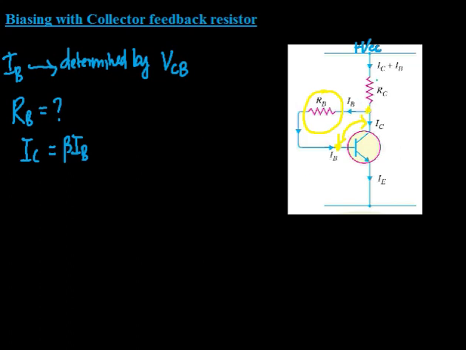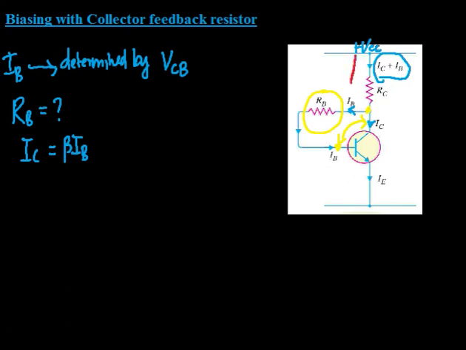And remember the different currents flowing through the circuit. From VCC through RC we have a current of IC plus IB, where IC flows to the collector and IB flows to the base. Now to analyze this circuit, let's apply Kirchhoff's law along this red line, starting from VCC.